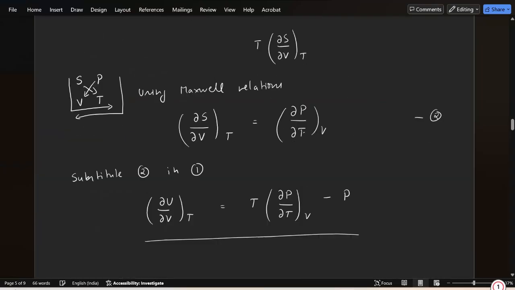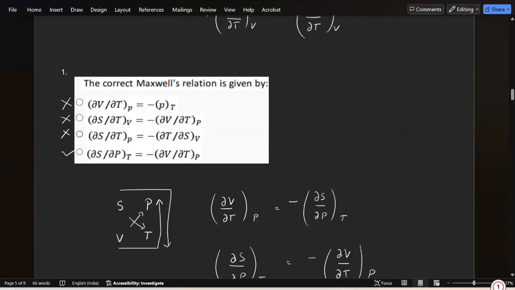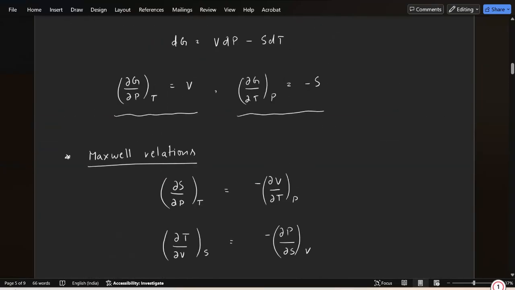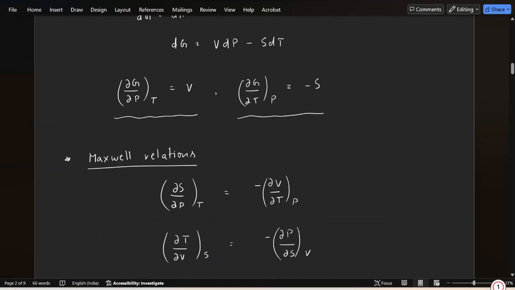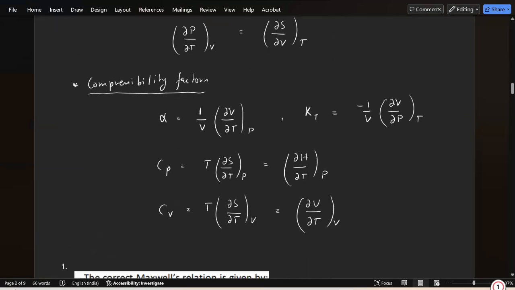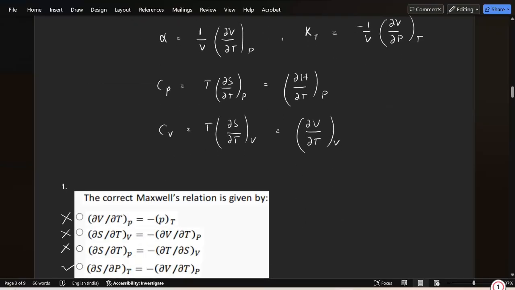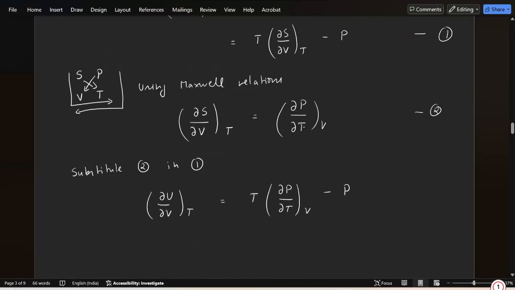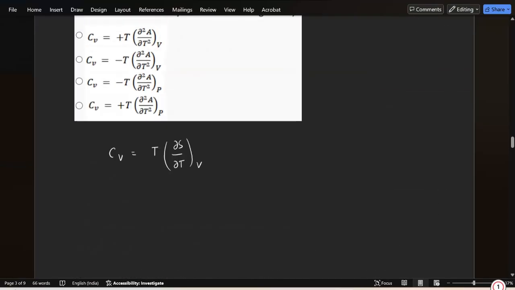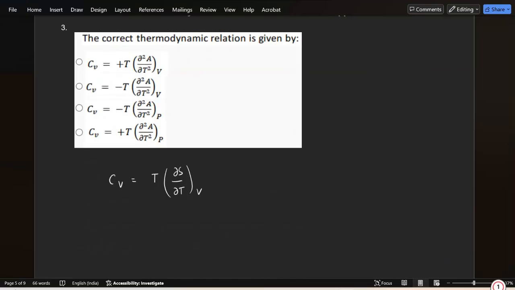This is the correct formula. Let's go back and check. Yes, in the Maxwell relations, CV, that's the formula. Which implies del S by del T at constant volume is going to be equal to CV by temperature.